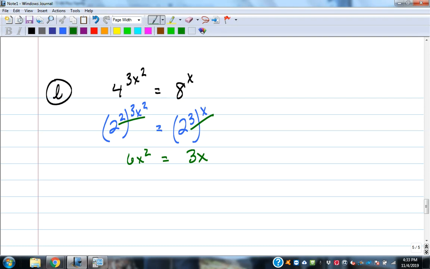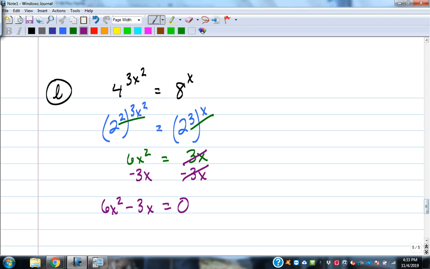What do I have to get it equal to in order to solve it? In order to solve it using any of the methods that we know how, I've got to get it equal to 0 before I can do anything. Anytime you've got an x squared in your problem, get it equal to 0 first, and then go from there to solve it.